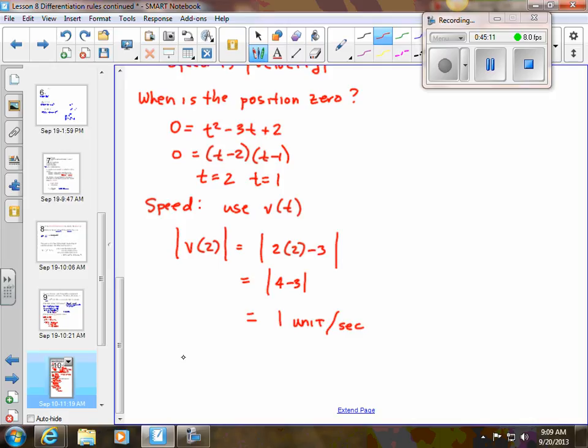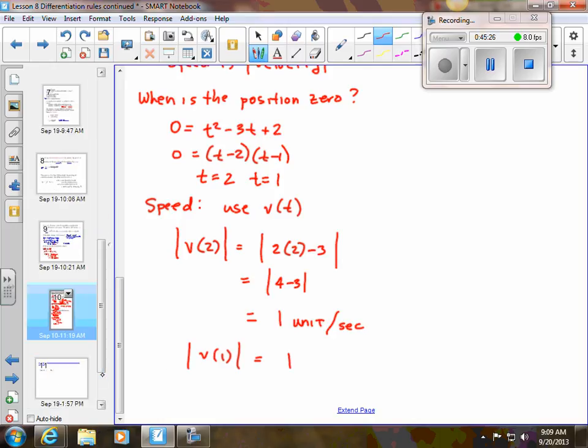What is the velocity, the speed, when t is 1? It's also 1. Okay? Questions?